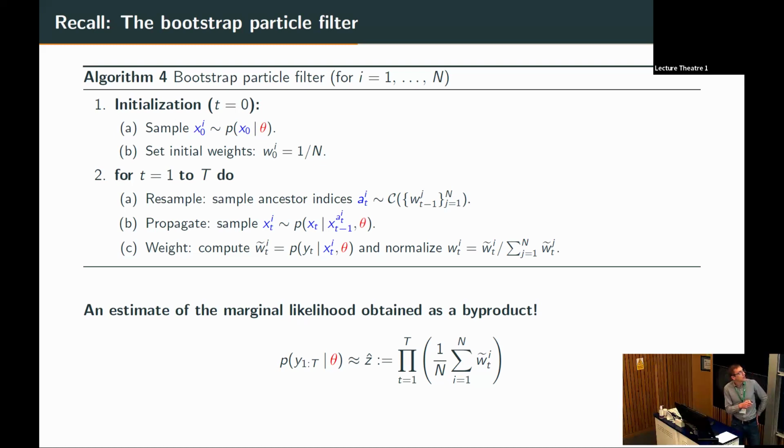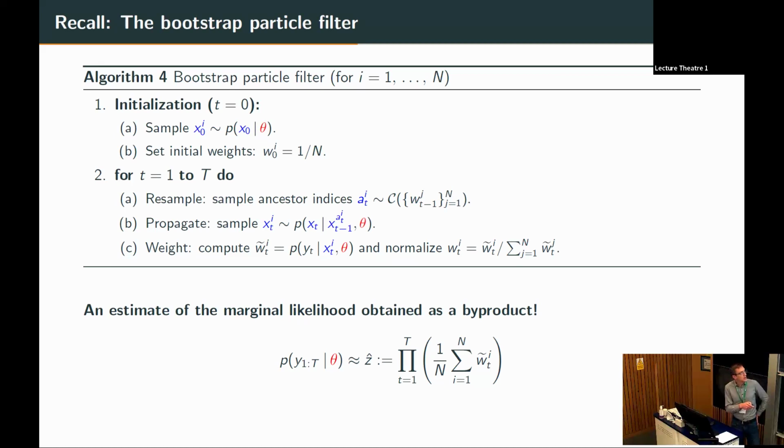So here we initialize by some particles at time 0. And I have assumed that I don't have any observation at time 0, so I'll just set all the importance weights at time 0 to 1/N. And then in each consecutive time step, we have 3 steps here. We have a resampling step where we draw some ancestor indices from a categorical distribution defined by the weights.